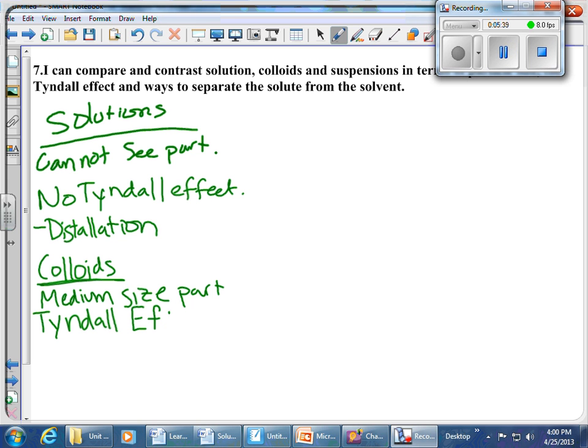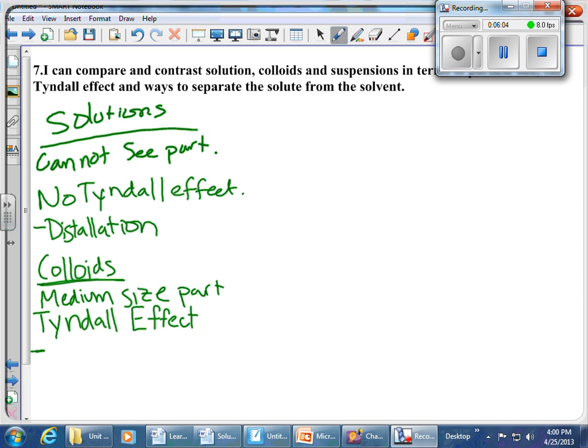Okay, so we would be able to do the Tyndall effect to those different liquids to see, is it a colloid? Are there pieces in it? Are other particles in it, or is it a solution when it's really, really small? Okay, again, we cannot filter it or let it settle, so we'd have to do some form of separation, such as distillation, centrifuging, something like that.